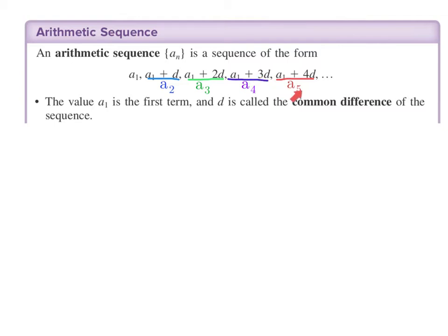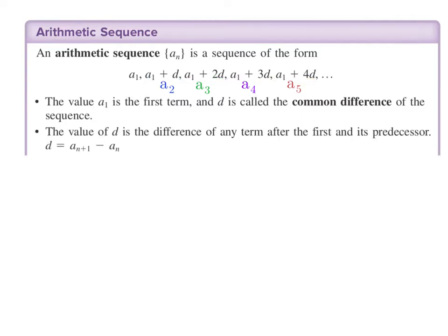Okay. For the fifth term, how many common differences do I add? 4. So the number of common differences that you add to the very first term is always going to be 1 less than the term you're looking for. So if I was looking for the 8th term, I would add 7 common differences to the first term to get me the 8th term. And what all this is leading to is the formula. Okay?